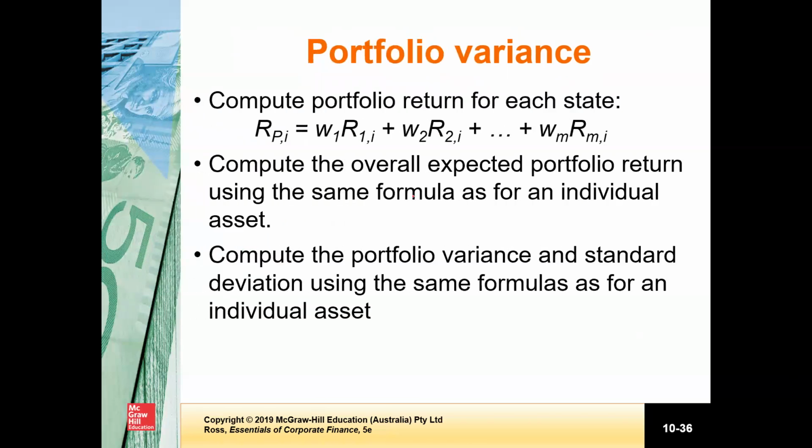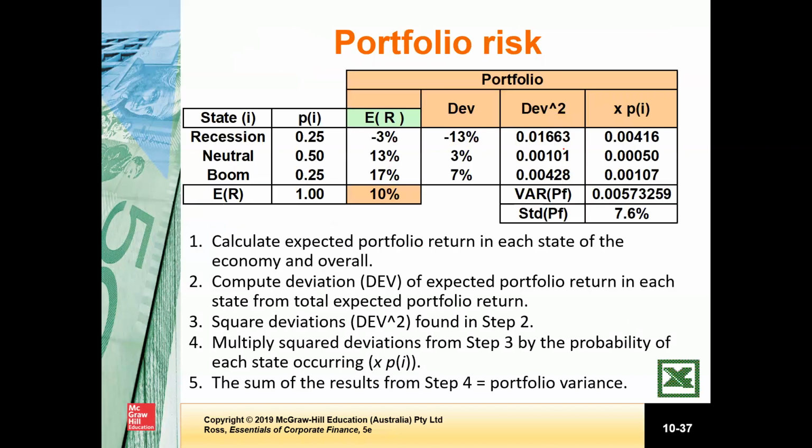So you can see that the expected return of a portfolio is the weighted average return, and you might think the standard deviation of a portfolio should be the weighted average standard deviation. However, that is not the case. As I said, due to diversification, there will be some offsetting impact. This is how we calculate portfolio risk.